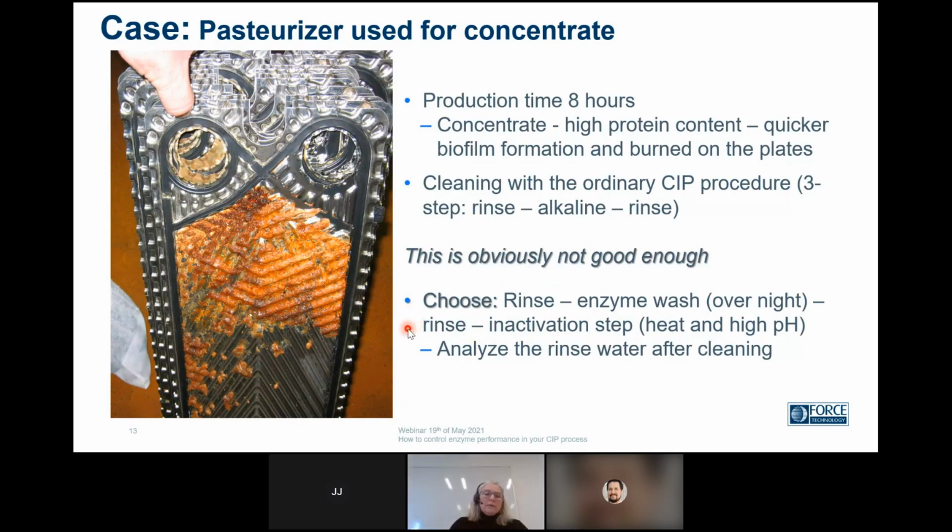After the enzyme wash, they analyzed the last rinse water after cleaning. It was not for the activity of the enzymes, but more the effectiveness of the enzyme wash versus the cleaning with the chemical detergents.